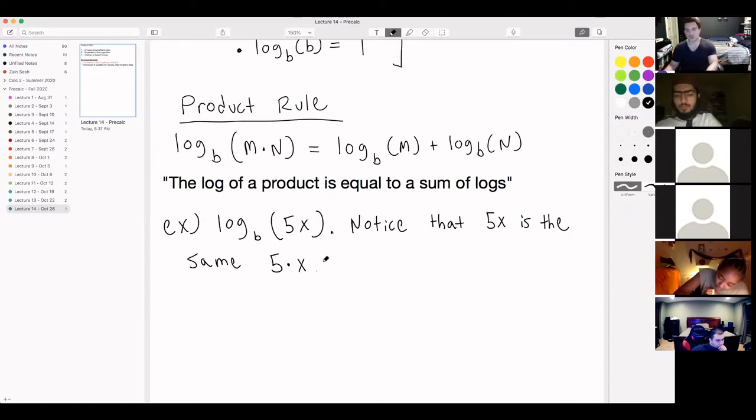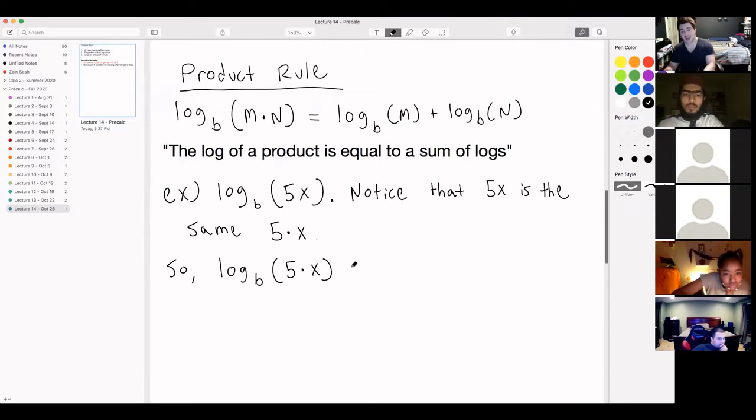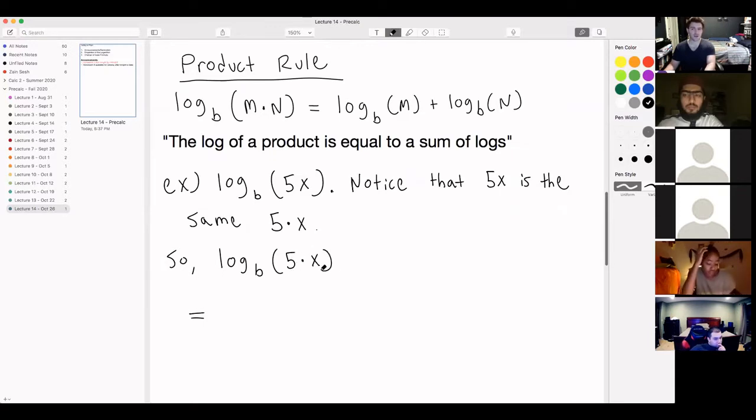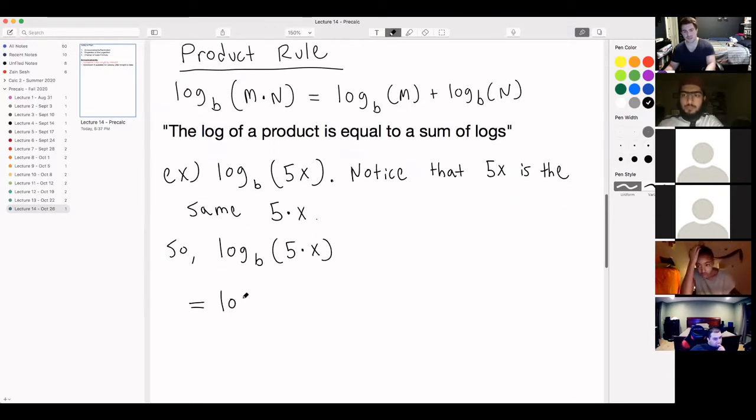So thus we get log base b of 5 times x. Now I'm going to use the property. I'm going to split this up into a sum of logarithms of each factor. So this will be log base b of 5, that's the first factor, plus log base b of x.